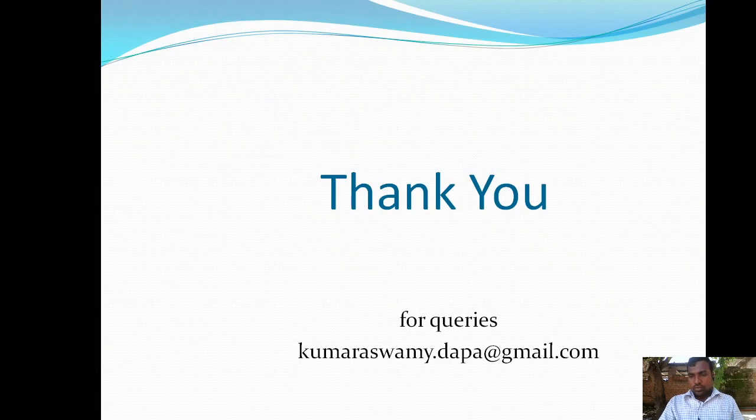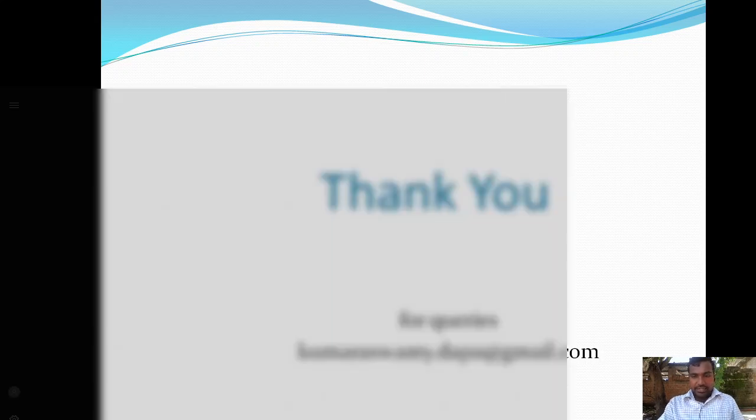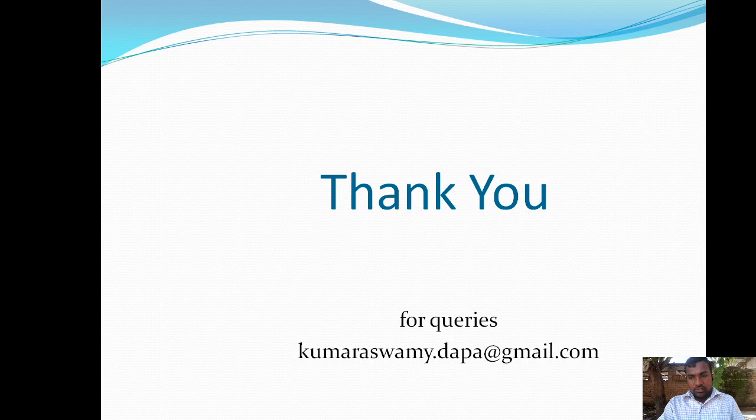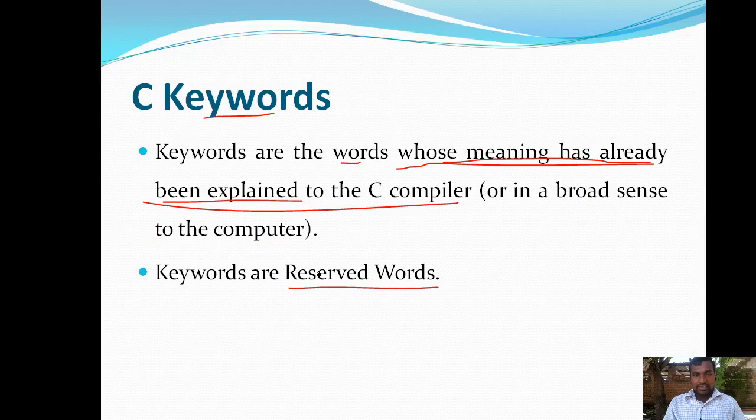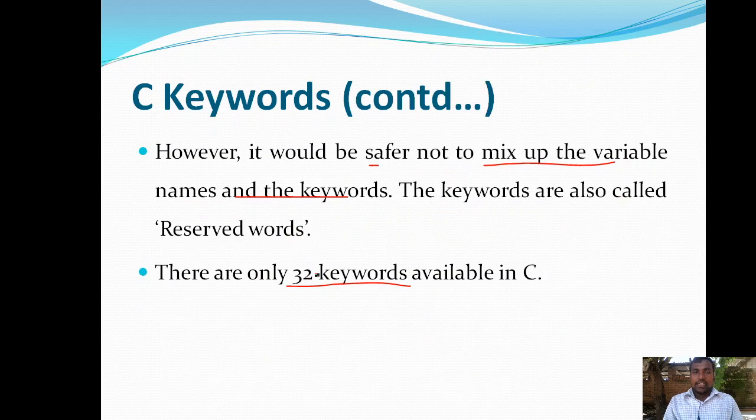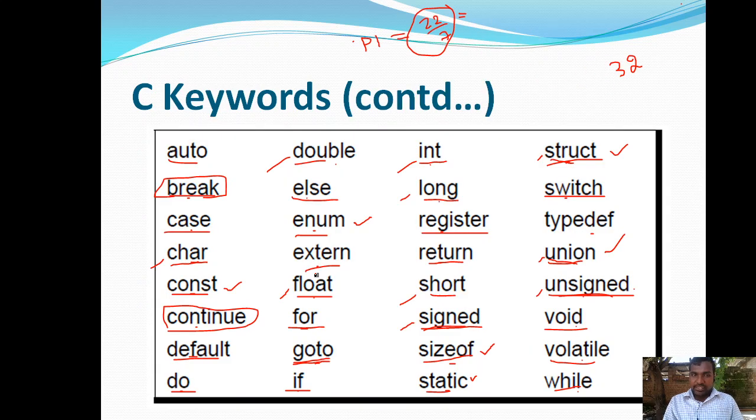Okay, so in this way you can create and execute any number of programs. What we have discussed till now is what is meant by a keyword, and several keywords that are available in C programming.